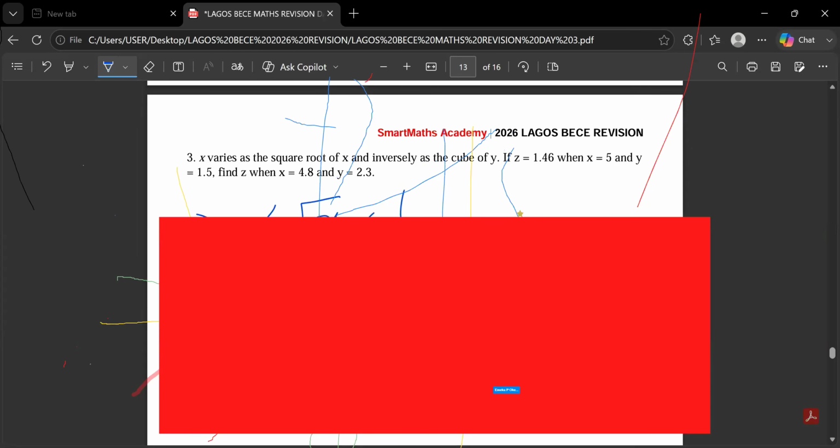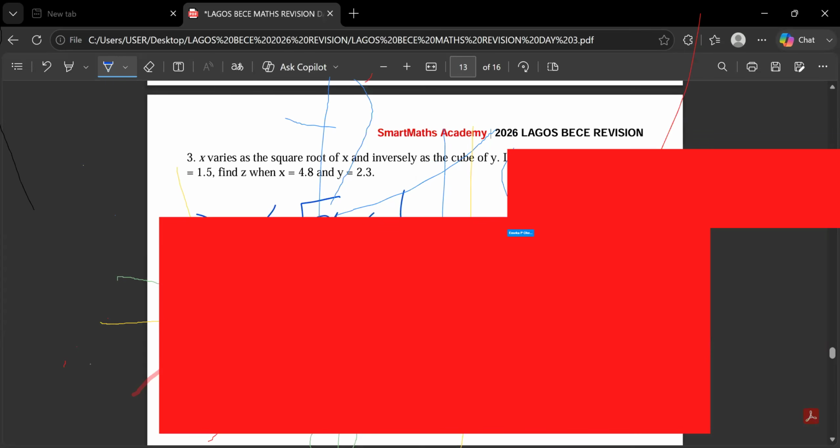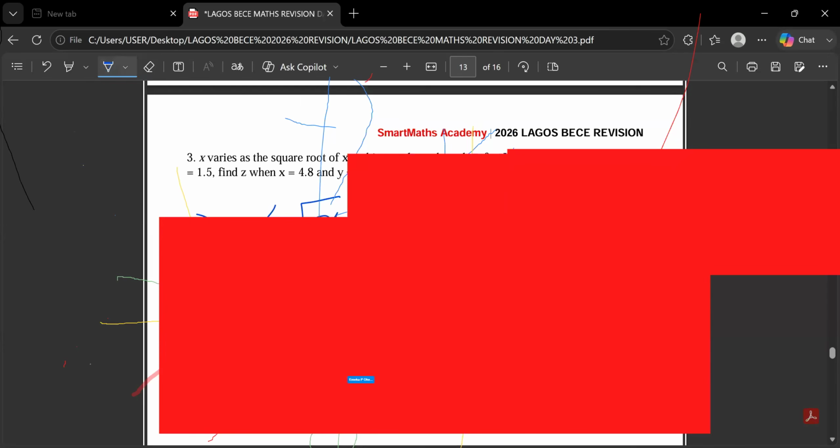So we can write this as z equals k times the square root of x over y raised to power 3.